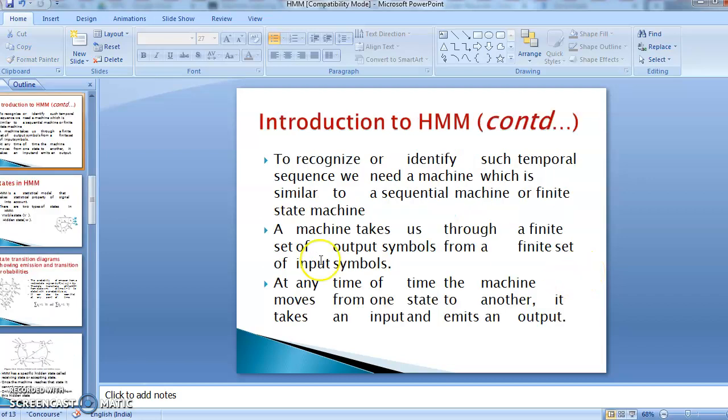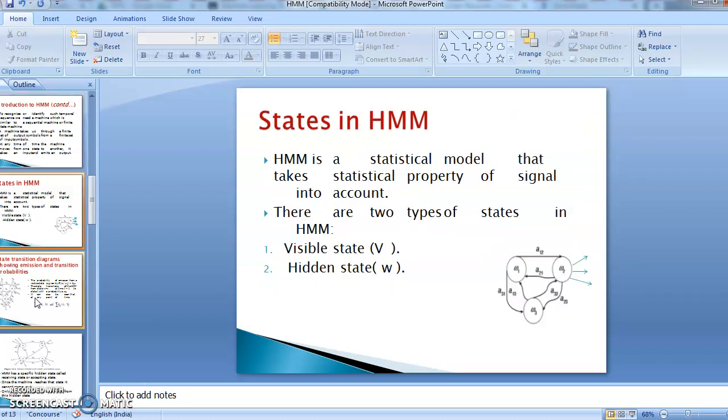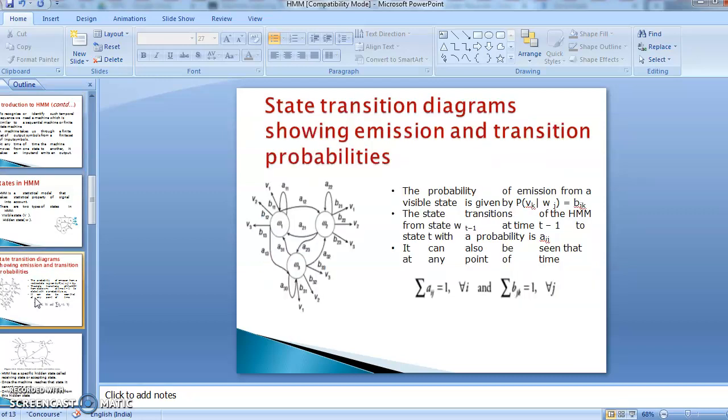The hidden states W1, W2 and W3 are the input. So an HMM can have a number of hidden states and visible states, that is, a number of input states as well as output states.